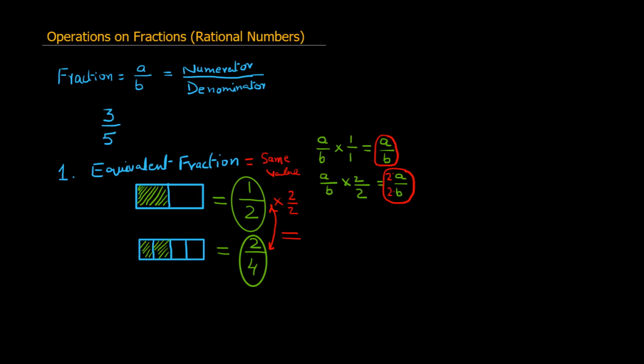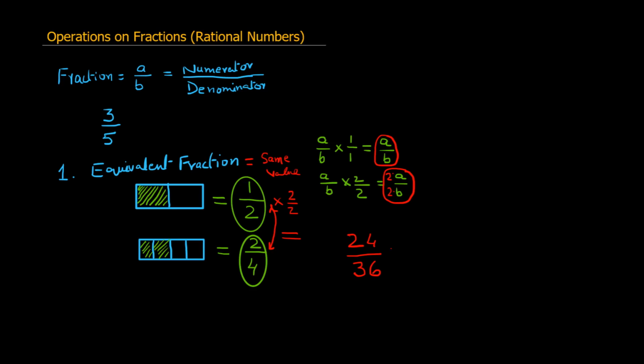So why are equivalent fractions important? Equivalent fractions are important because we sometimes have to simplify fractions. For example, if you have a fraction like 24 divided by 36, these are very big numbers.